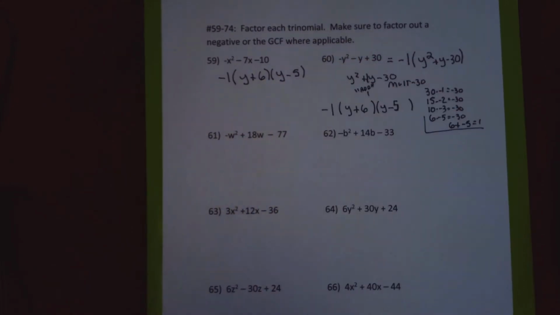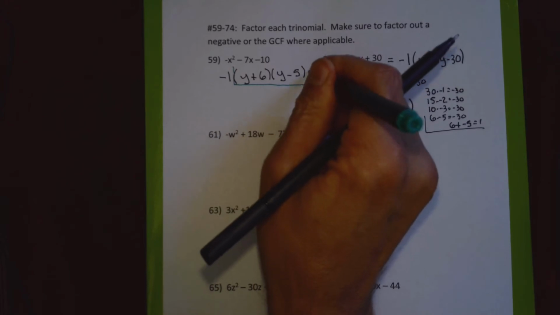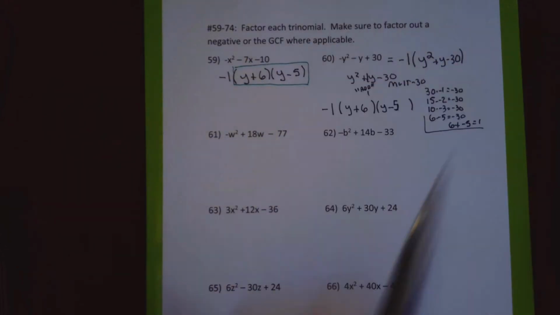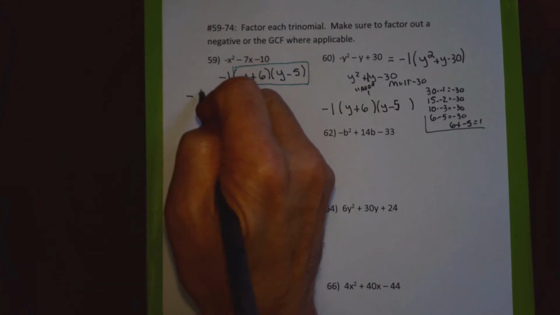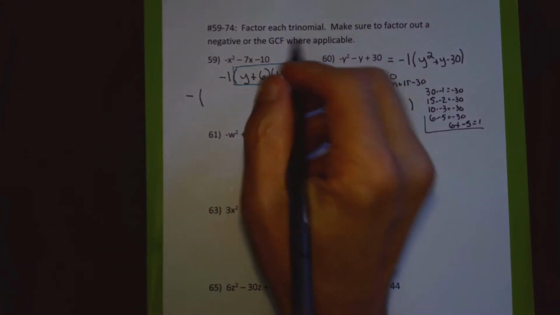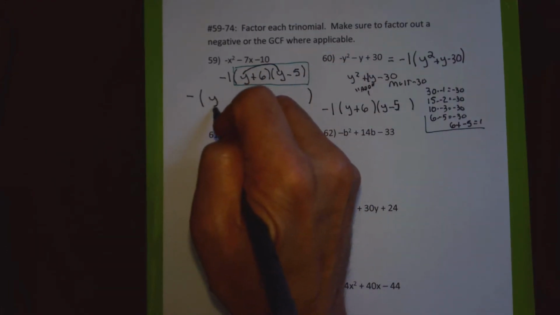Because multiplication is commutative, I can do the multiplication in any order. To check this, I'm going to do this multiplication first, and then I'm going to multiply by the -1. So I'm going to leave the -1 out front, and I'm going to do the multiplication. I'm going to go y times y, which is y squared.